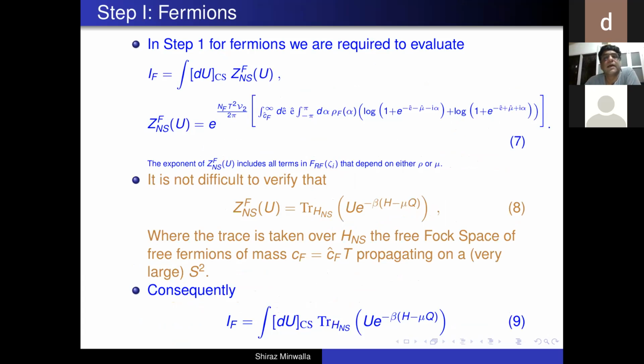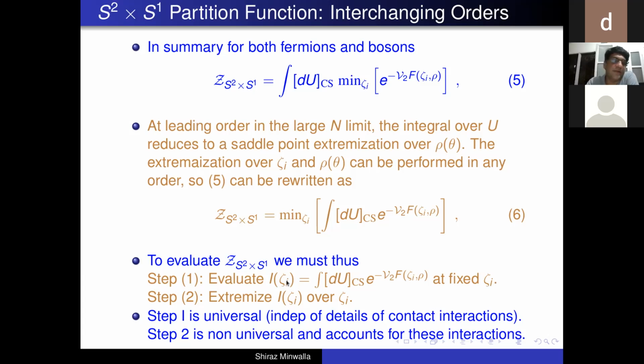Okay, so explicit calculation, just to recap, tells us that the partition function is given by two steps. Extremization over a finite number of constants, the zeta i's, of something. This something is this quantity.